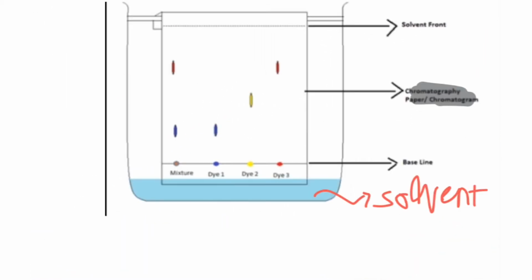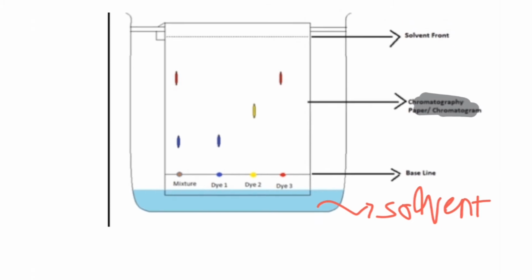The principle is the solubility of these components in the solvent. The more soluble a component is in the solvent, the more it will move on the paper, and a mixture will produce more than one spot on the paper, as it is made up of a collection of components.